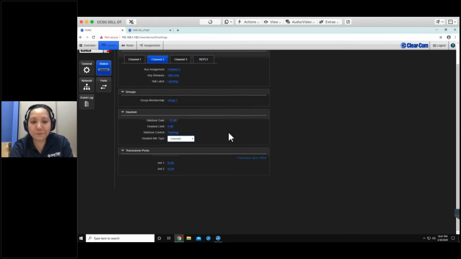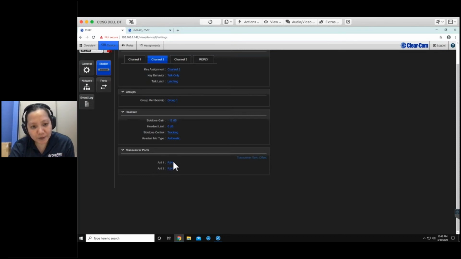So if you plug in third party headsets, you could manually select instead of leaving it on automatic, if it doesn't work the way you wanted. Yeah, I always get rid of automatic and go to dynamic unbalanced, since typically everybody's using that, so I just go ahead and give it that.